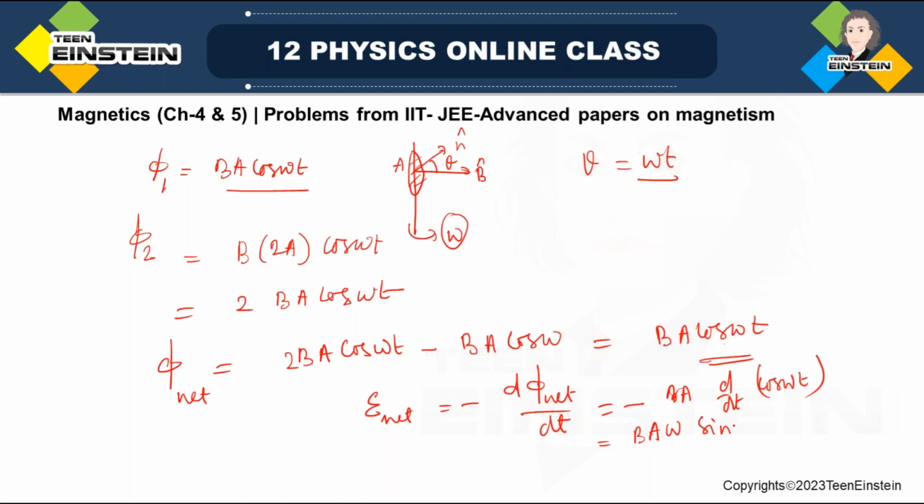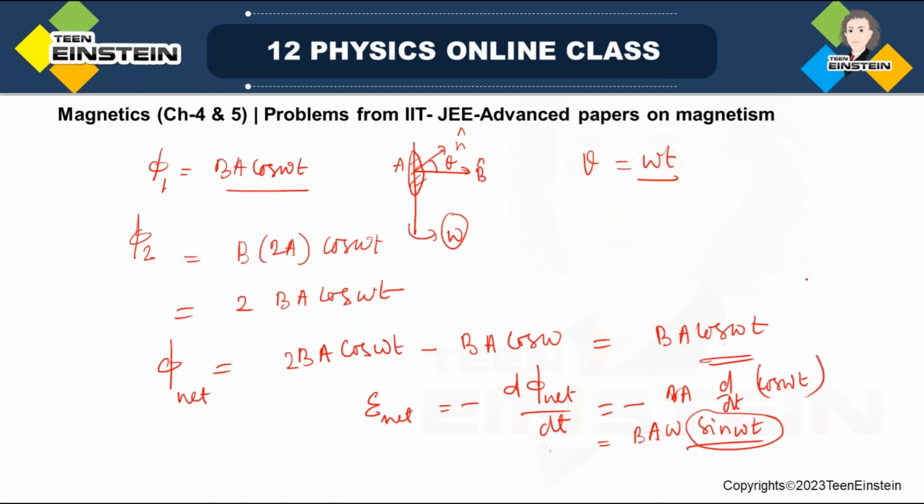So this will be the induced EMF. Induced EMF is actually the rate of change. So the question was the rate of change of the flux is maximum when the plane of the loop.